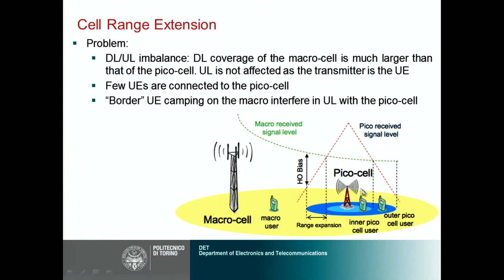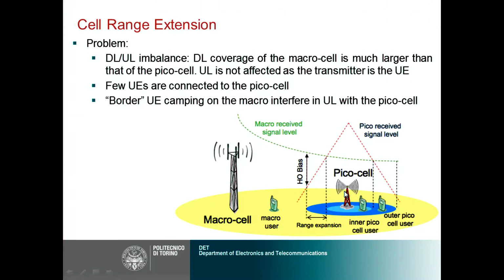This will conflict with resources that are associated to uplink transmissions in the picocell. So what you're doing here is interfering with the same resources used in the uplink, because this one that is on the border of the picocell needs to use them to transmit to the macro cell. And since it's very far away, its transmission is very powerful. And this interferes with the same resources used by this guy who's trying to talk to the picocell.